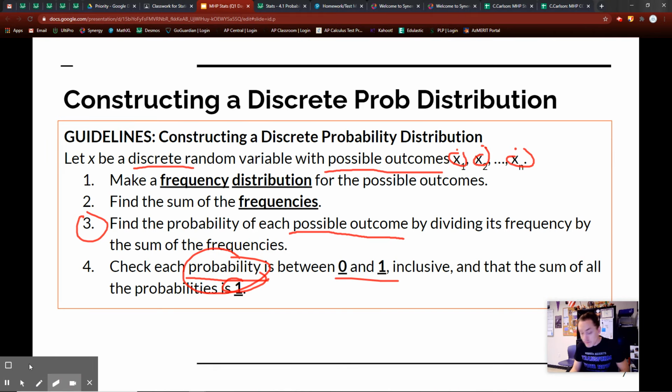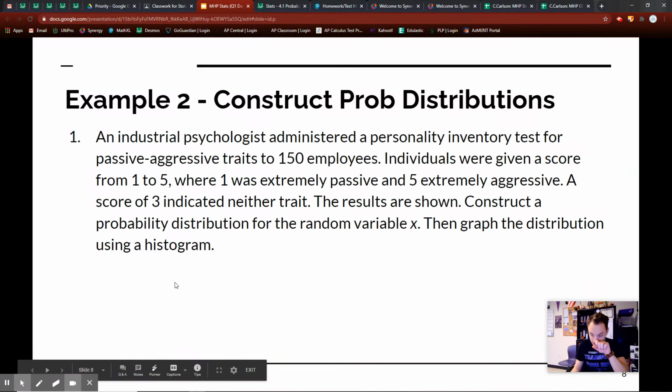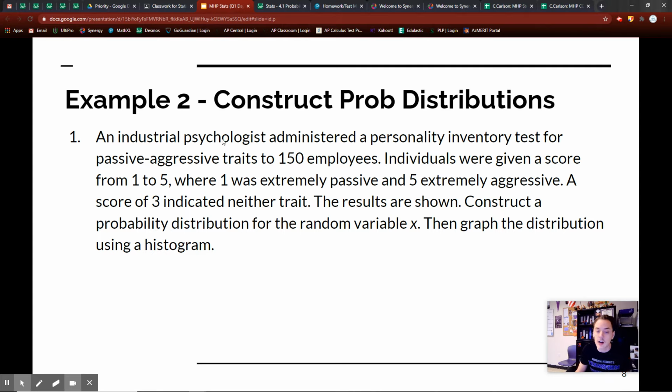So let's get started. I'm going to erase. Let's actually construct a probability distribution, shall we? An industrial psychologist administered a personality inventory test for passive-aggressive traits to 150 employees. Individuals were given a score from 1 to 5. Notice how this is discrete, it's countable: 1, 2, 3, 4, 5. 1 was extremely passive. 5 was extremely aggressive.